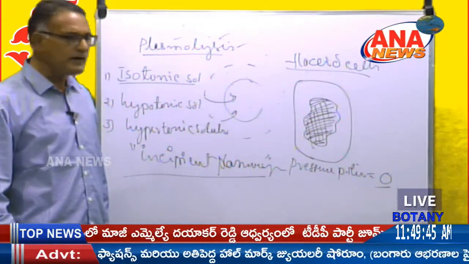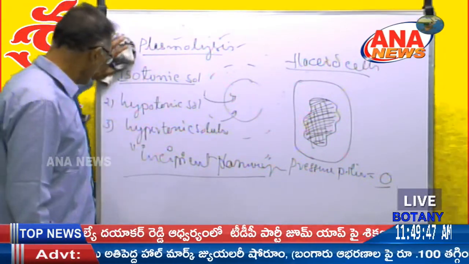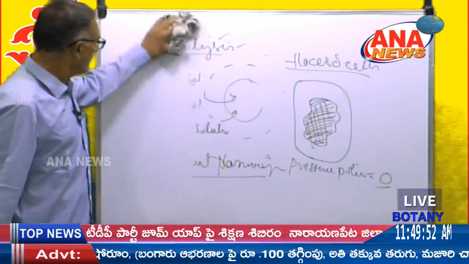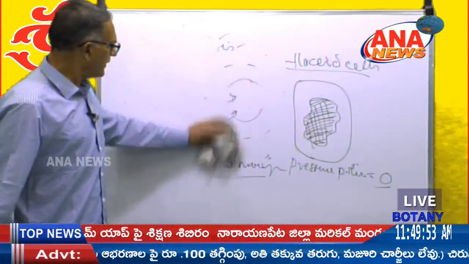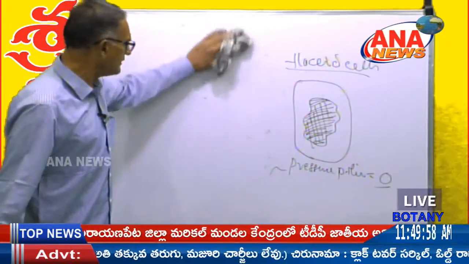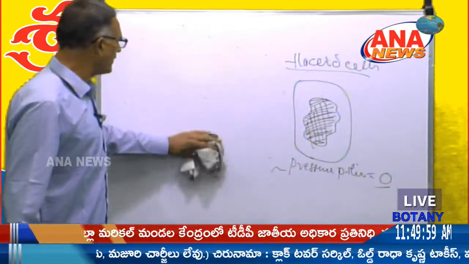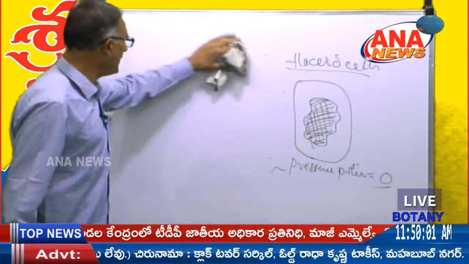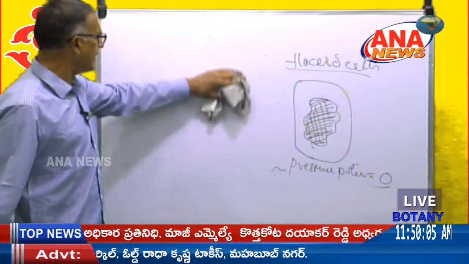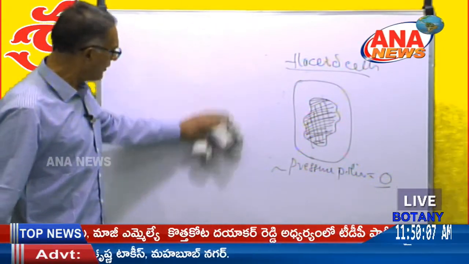The preservation of pickles by adding salt, and the preservation of fish and meat by adding salt, is the best practical example of plasmolysis.